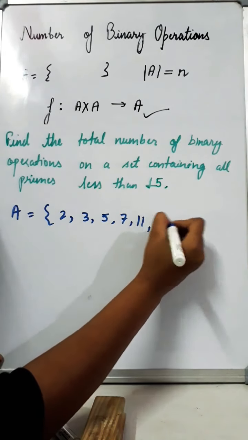The total number of elements in A cross A is 6 into 6, which is 36. So the total number of binary operations is equal to 6 to the power 36. This is your answer.